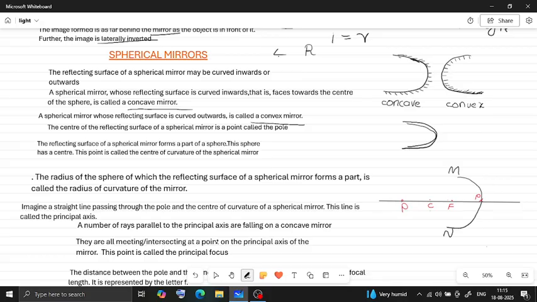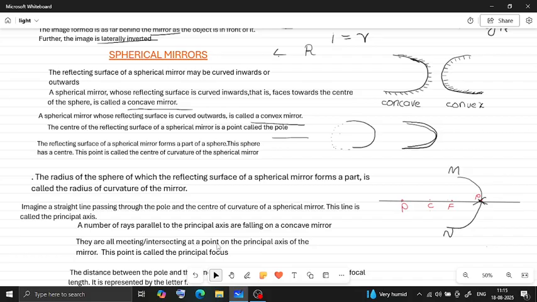Next we are going to discuss the centers. Consider this is our mirror. The midpoint of the reflecting surface, we normally call it the pole. Also, this mirror is part of a sphere, right?